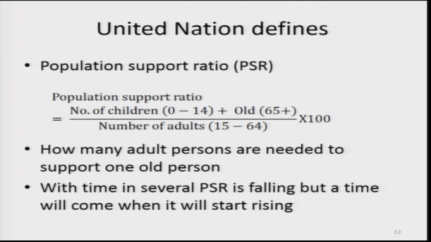United Nations define population support ratio, which is reverse of dependency ratio. This is number of adults 15 to 64 divided by number of children 0 to 14 plus old 65 plus. This tells us how many adult persons are needed to support one old person.